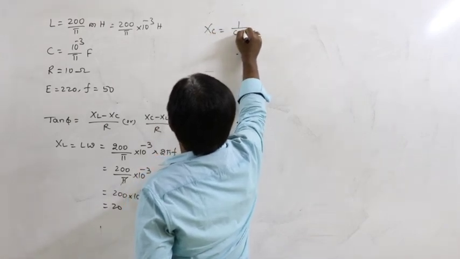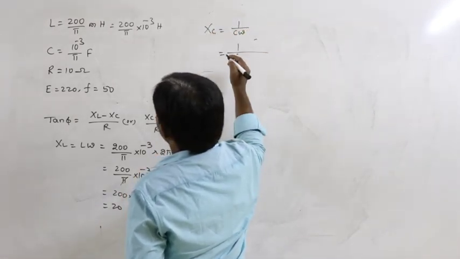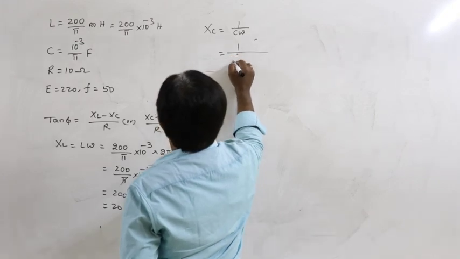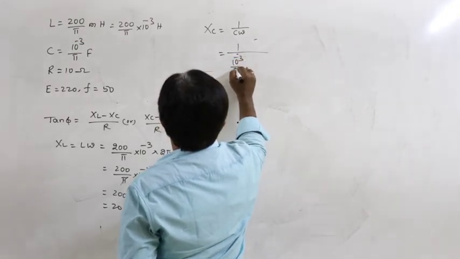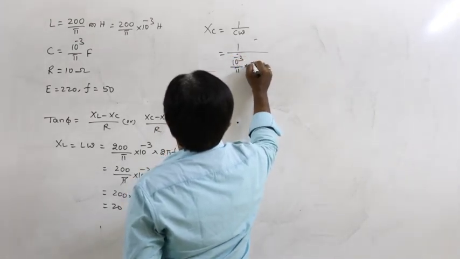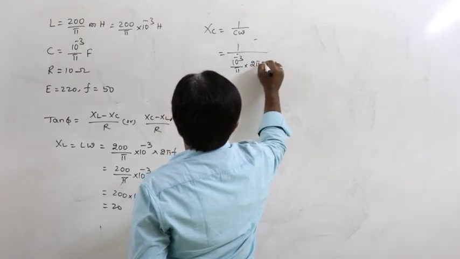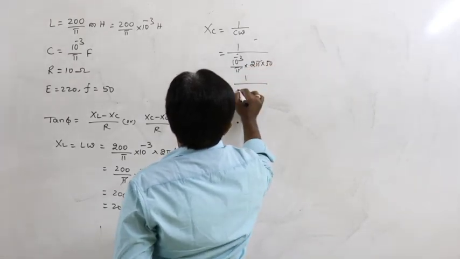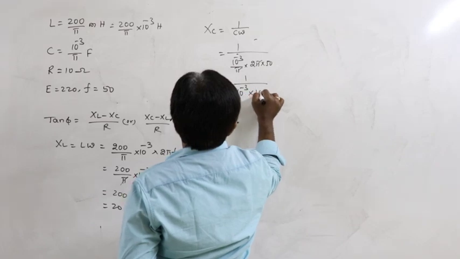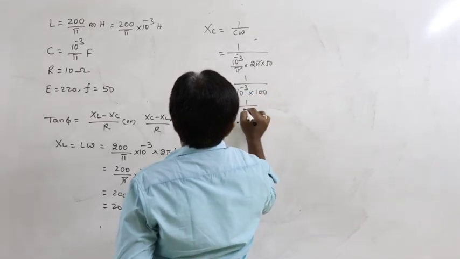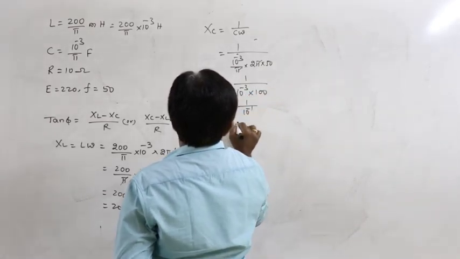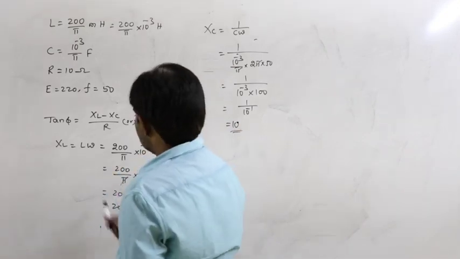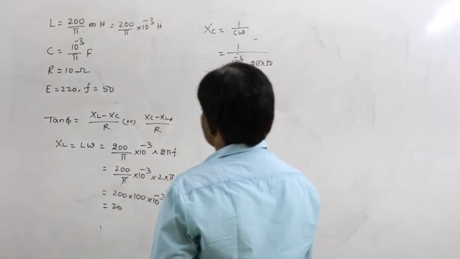Next, XC. So 1 by C omega. C value is 10 to the power of minus 3 by pi, omega is 2 pi f, and f is 50. So 1 by 10 to the power of minus 3 into 100. 1 by 10 to the power of minus 1, that is 10. So definitely XL is greater than XC.